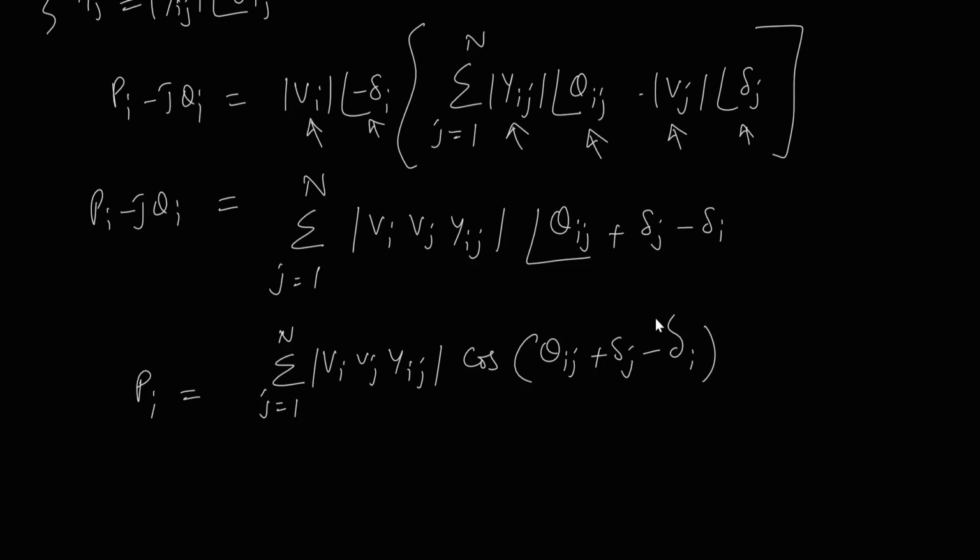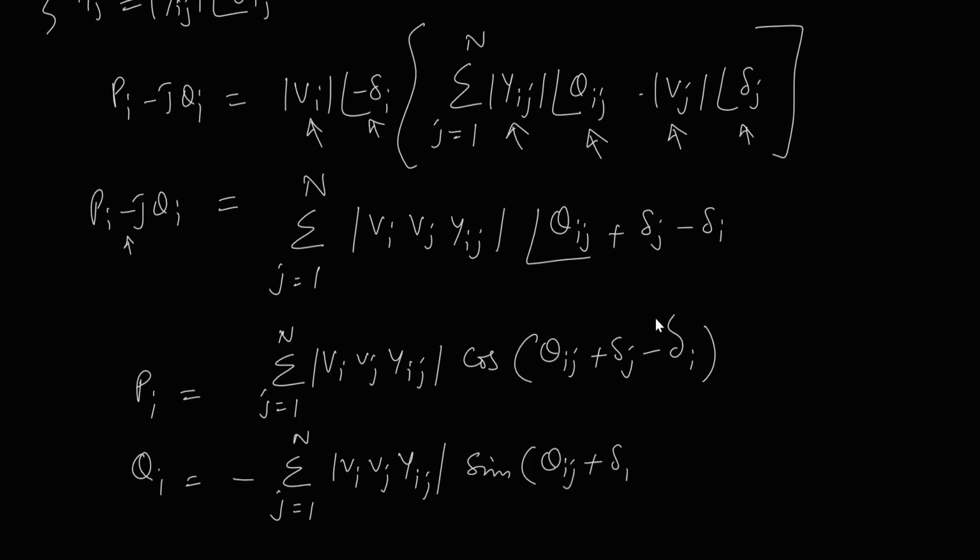The imaginary part is Qi, but there is a minus sign here, so I take the minus: Qi is equal to minus the summation j equals 1 to n of Vi Vj Yij sin of theta ij plus delta j minus delta i.